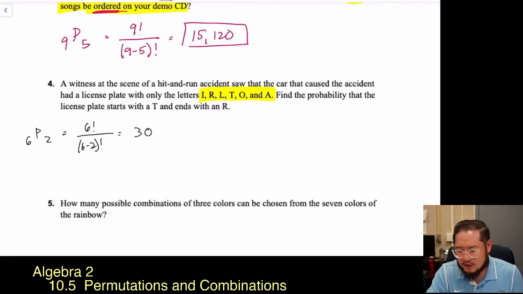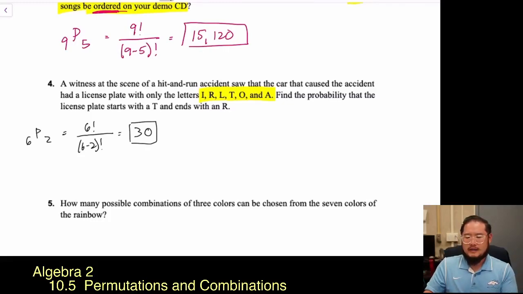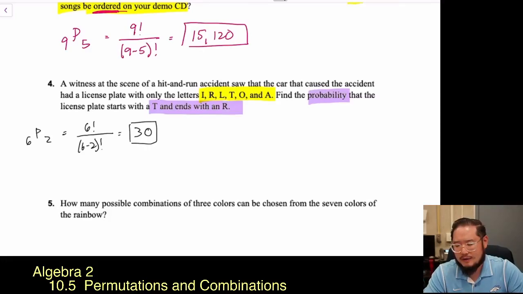Okay, so there are 30 different ways of getting the license plate based off of our information. Now, what makes this problem a little bit different than the others is that they're asking, what is the probability that the license plate starts with a T and ends with an R?